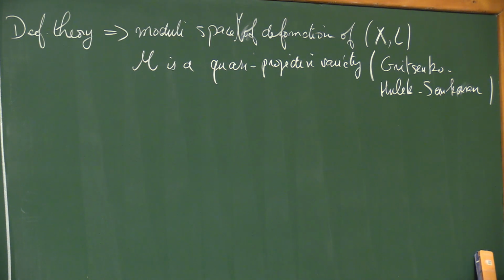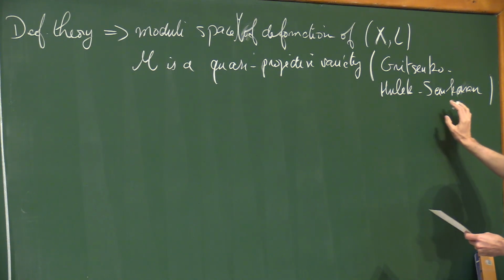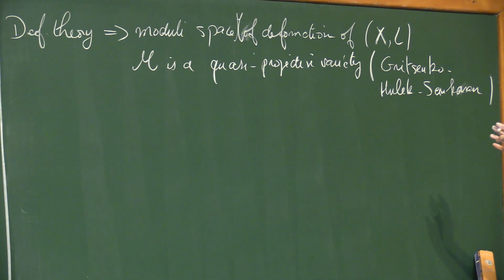Well, just for the story, it is considered a classical result, but Gregory Sankaran told me, please do not say that it is classical because I'm not old enough. Well, it is still a classical result.